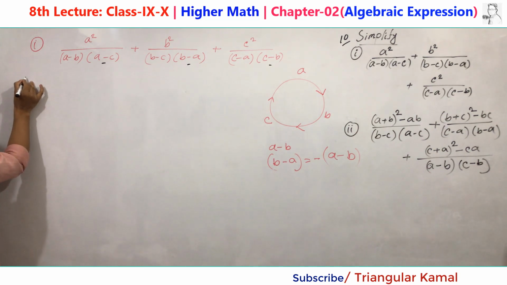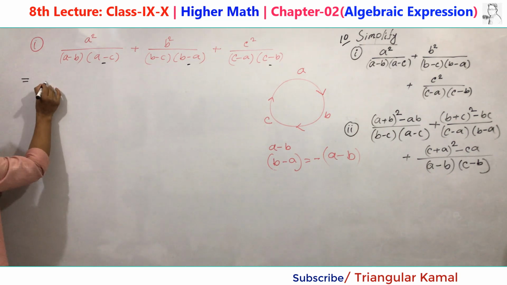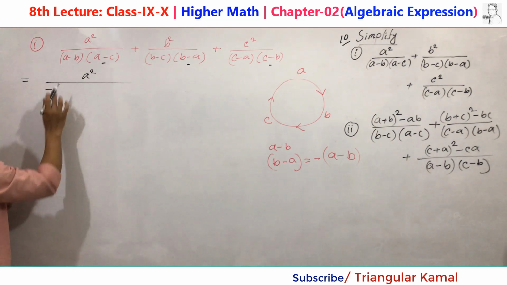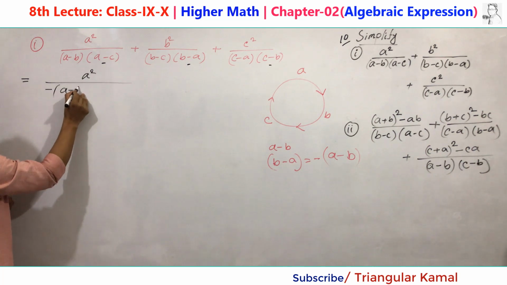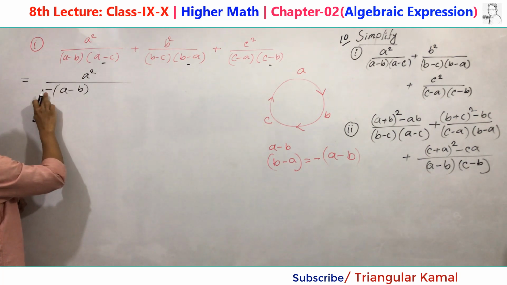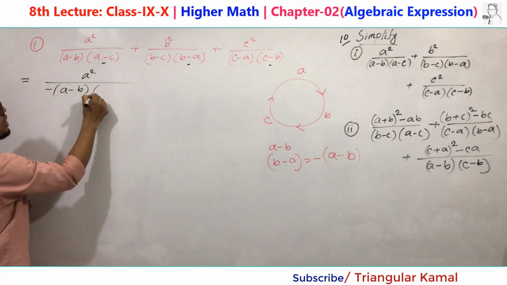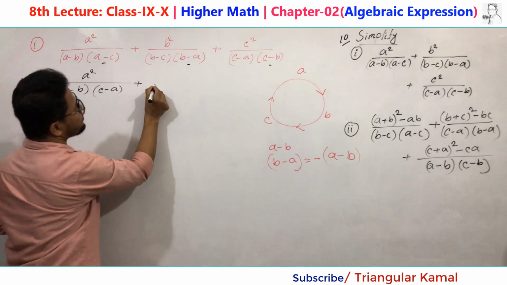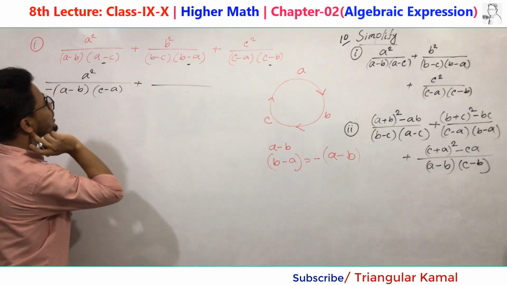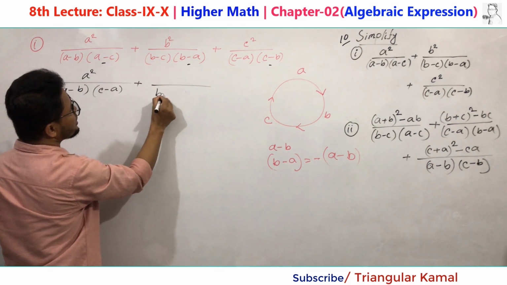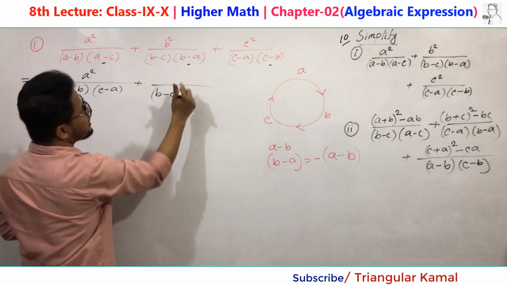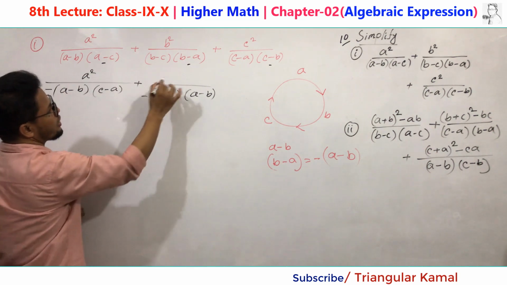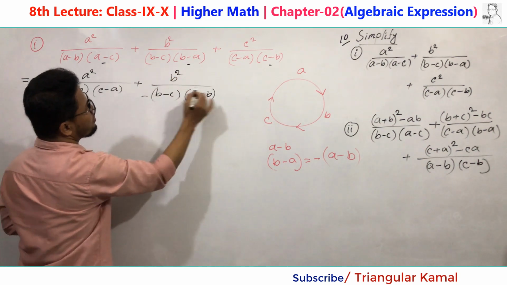So what will happen here if we take common, like this one is a square, and take minus common, then this one will remain the same, a minus b, and taking the minus common, this one will now be c minus a. And then the second part, b minus c remains the same, and taking minus common, this one will be a minus b, so minus will be here, and the previous one will remain the same.